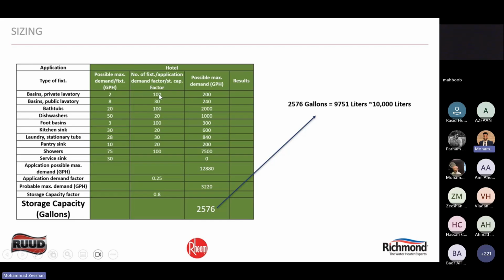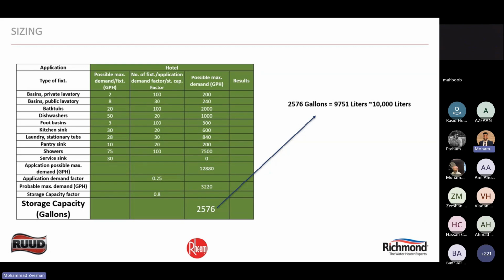For each fixture defined in that code, from basins, foot basins, and showers to dishwashers and everything, you have the maximum possible demand, and we multiply the number of fixtures by it.